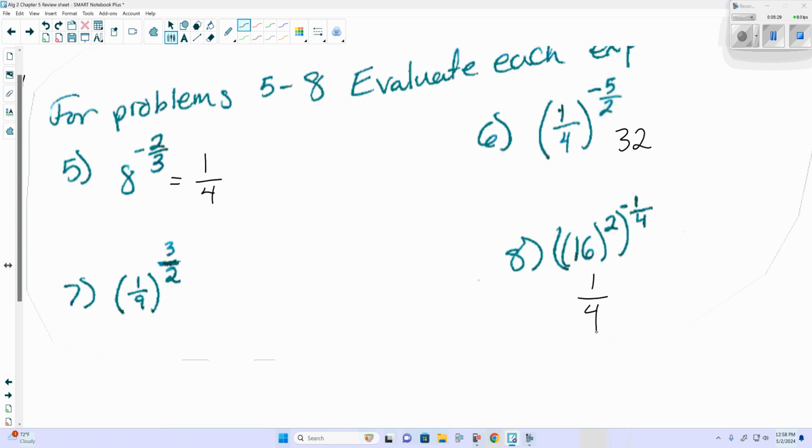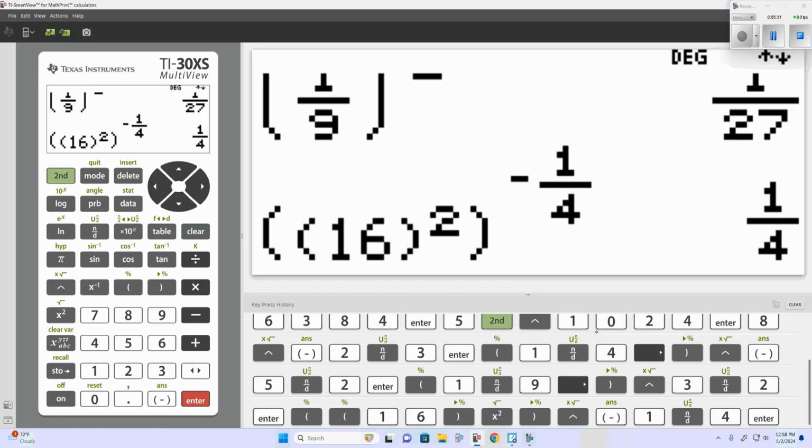Number 8. So 6 on number 8. So type it in exactly as you see it.